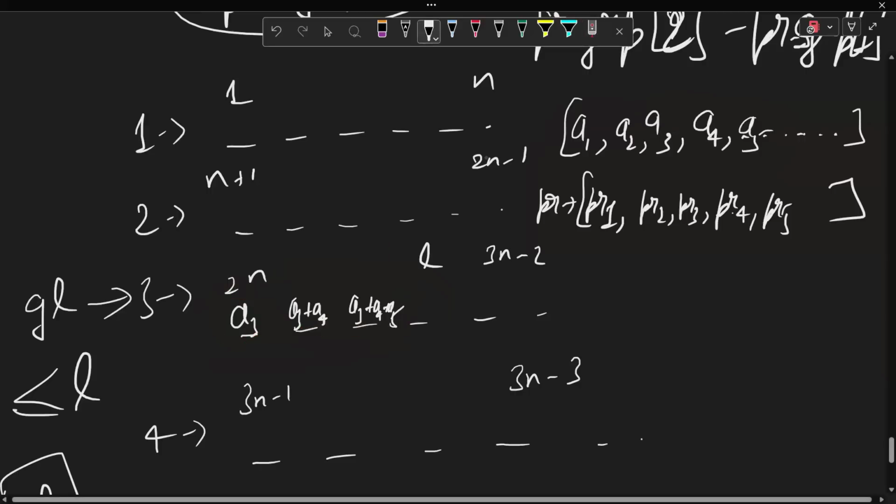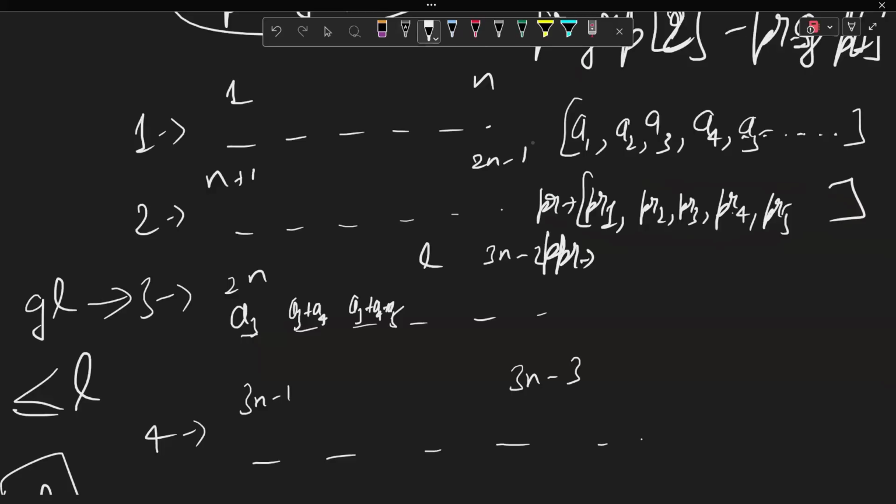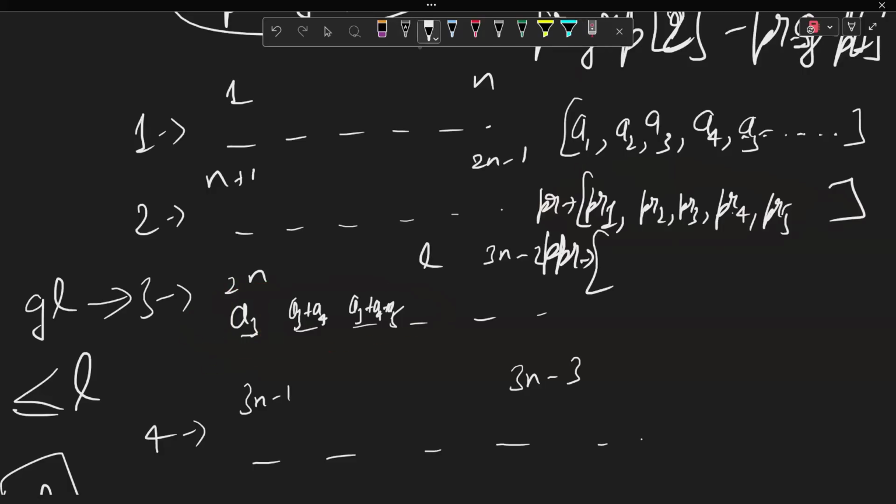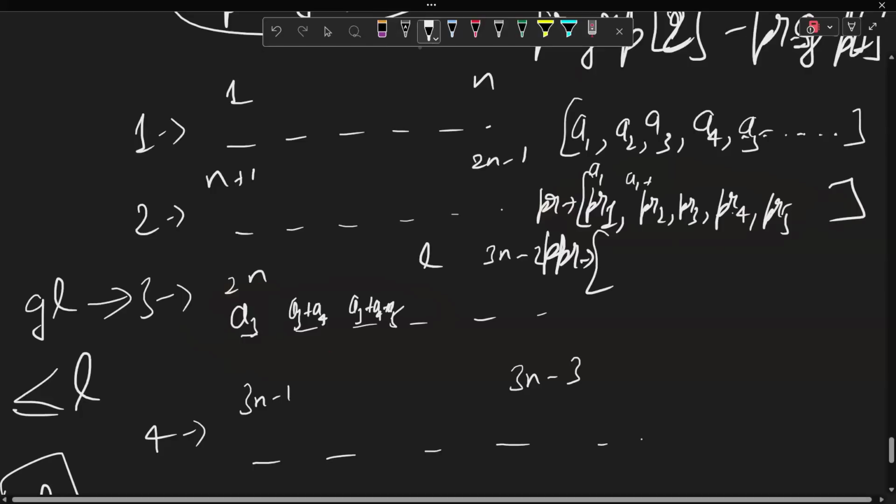So to do that, you would compute the prefix sum of your prefix sum. What I'm doing is taking the prefix sum of this prefix array. PR1 had A1, PR2 was A1 plus A2, this was A1 plus A2 plus A3.